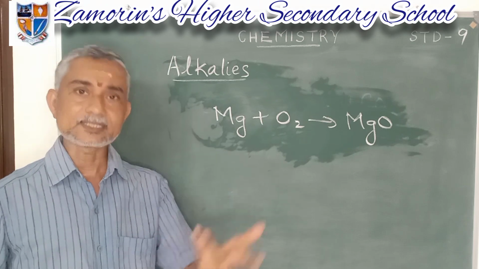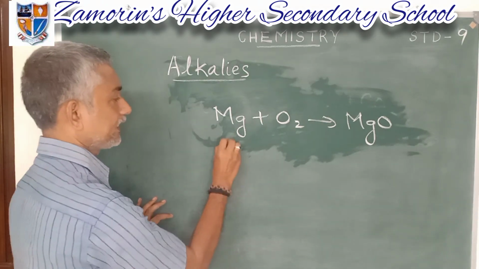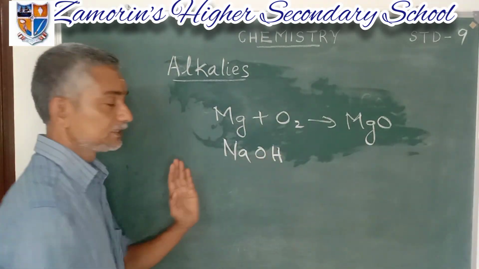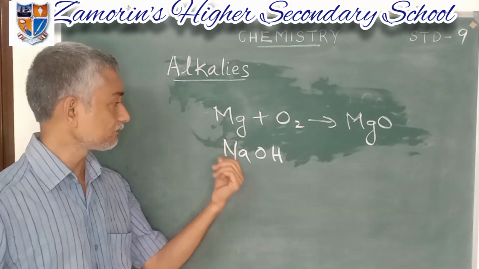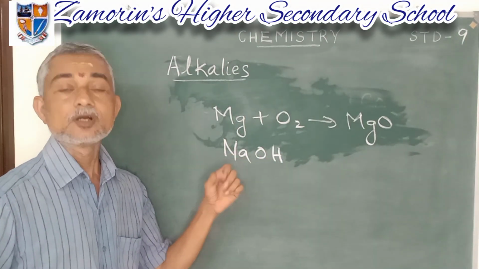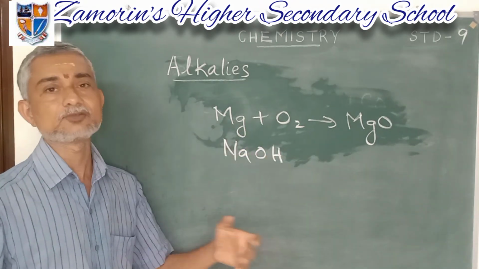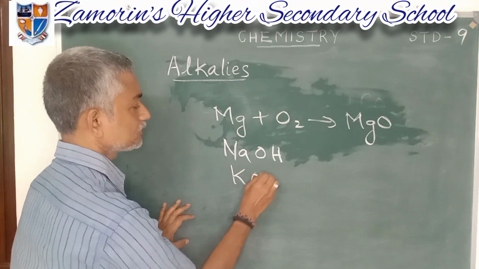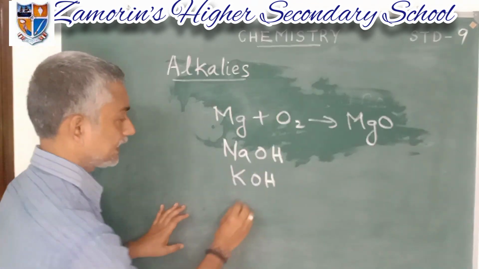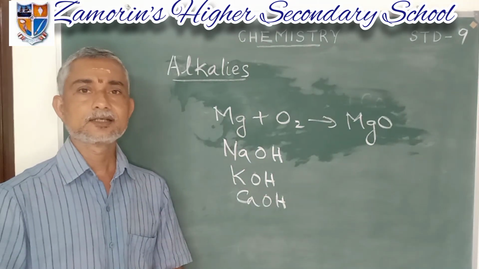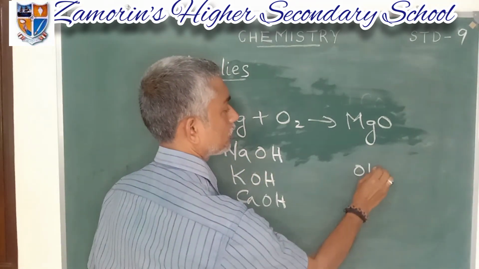That is metallic oxides, like NaOH, sodium hydroxide. When sodium, potassium or calcium dissolves in water, it forms hydroxides, that is, OH minus, the hydroxide ion.